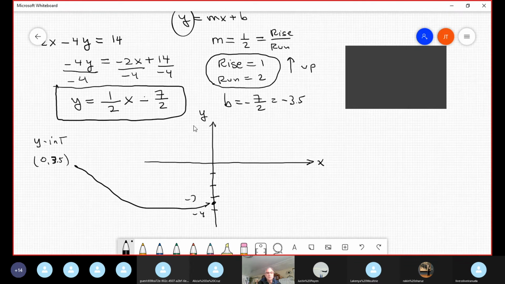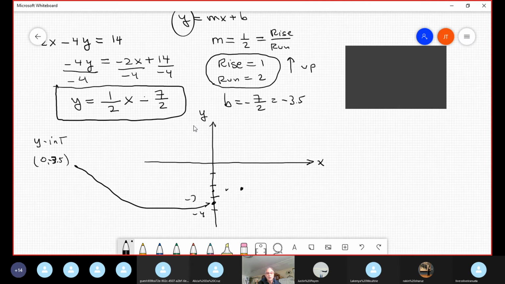Absolutely. So you move 1. Negative 3.5 plus 1 is negative 2.5. So this is 1 unit, half and half together is 1. And 2 in that direction, 1 and 2 to the right, because run is 2.